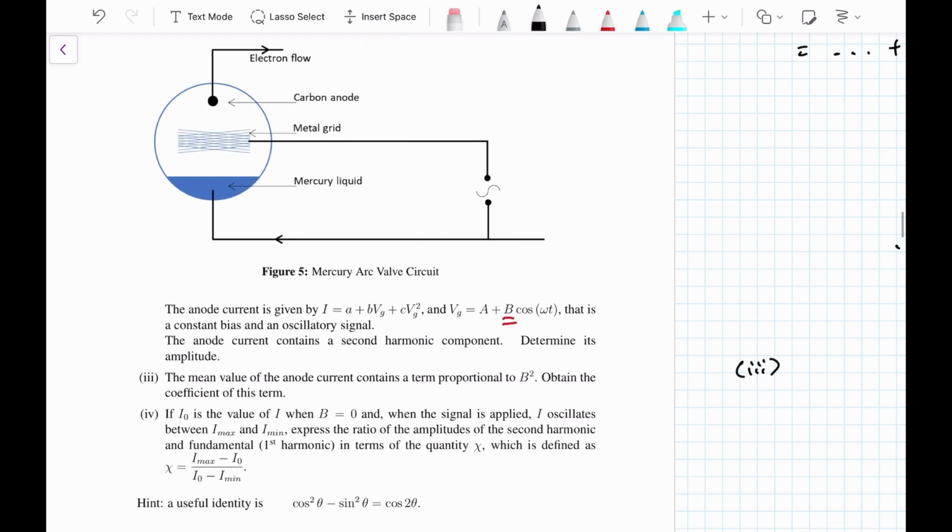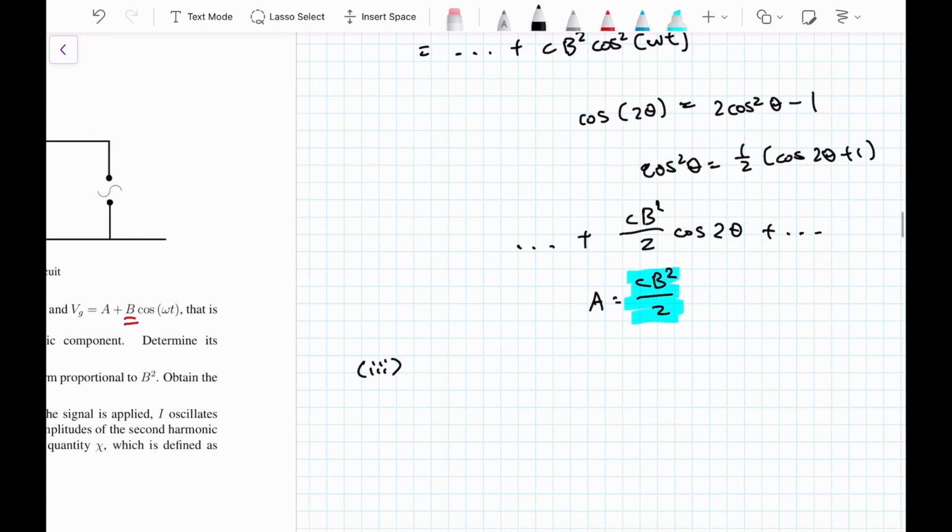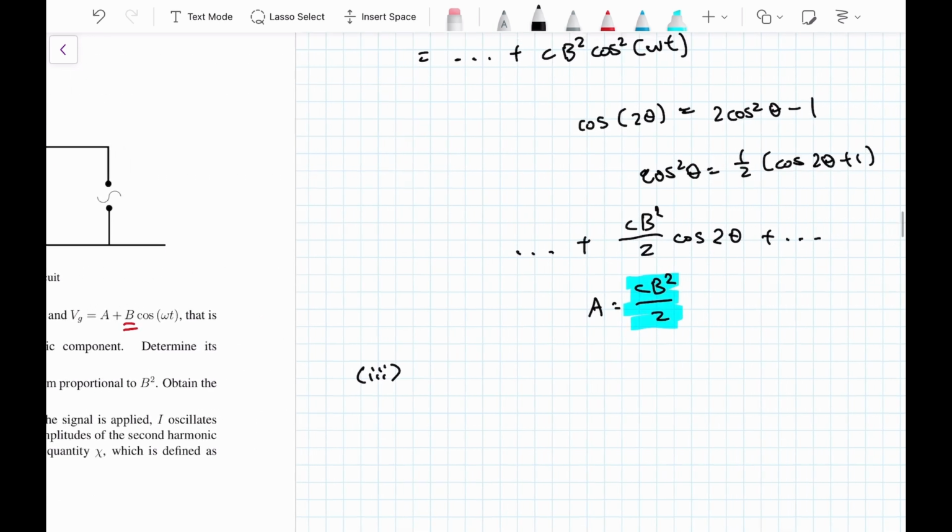It says the mean value of the anode current contains a term proportional to b squared, and obtain the coefficient of this term. So a term proportional to b squared. Let's see the equation previously.